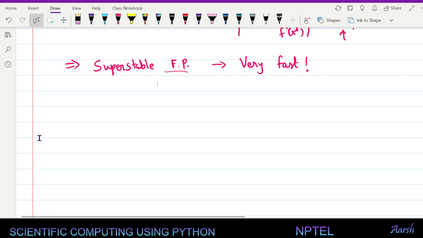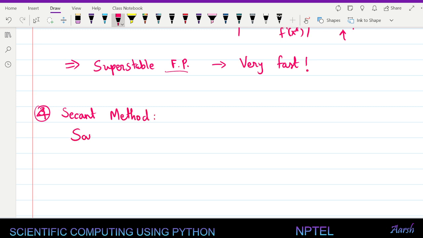Okay, and there was another method which was called secant method. So this is number 4, right? Which is same as Newton, but I should write Raphson also.